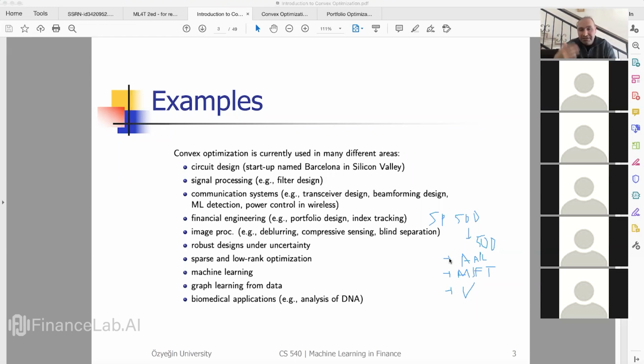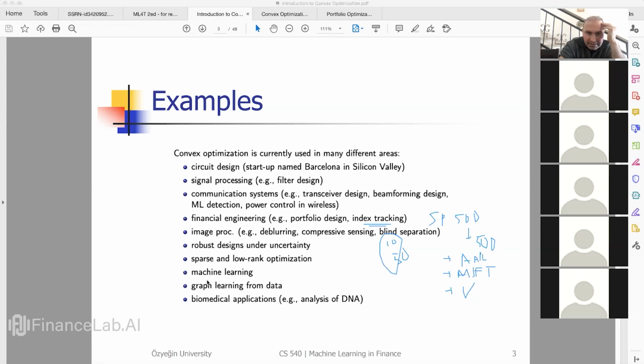Instead of buying 500 securities, we try to find 50 or maybe 10 securities that will give us the same characteristics as the index. We try to replicate the index using a subset of assets. That problem becomes index tracking, and we'll see it as another example in financial engineering.